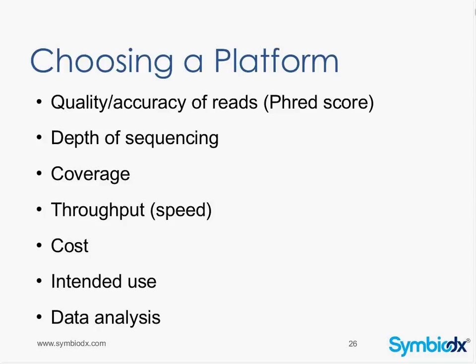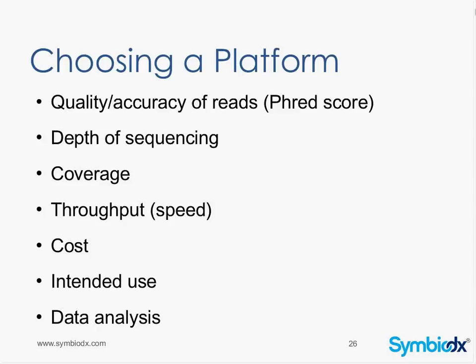The issue is throughput, and here's where that Ion Torrent instrument that I showed you earlier definitely has an advantage. That method is faster because it doesn't have to take the picture between the addition of every base. So that definitely is the fastest technology currently. Speed does come at somewhat of a price, and the actual amount of DNA that you can sequence on one run is less on an Ion Torrent instrument.